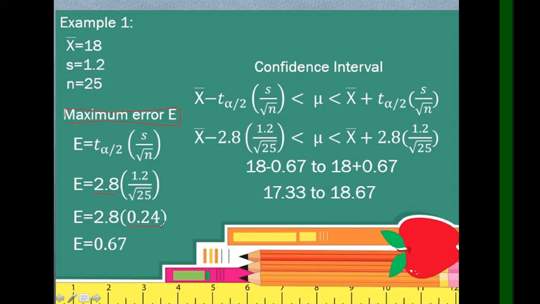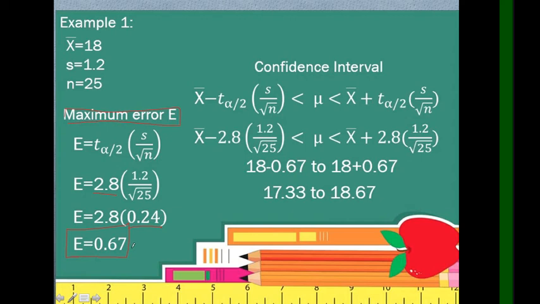Round off if your answer has too many decimals, or instead of writing them, you can automatically multiply it by 2.8. So 1.2 divided by square root of 25 equals, then times 2.8, then click equals. For your final answer, it should be 2 decimal places. So we have 0.67. The margin of error is 0.67.